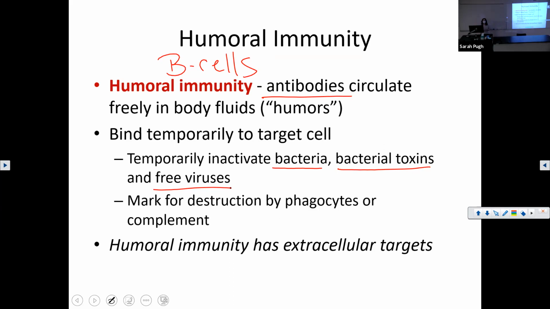And it's destruction by a phagocytic cell or some other immune system cell in the body. And so what we say is that humoral immunity, these antibodies, they have extracellular targets. They are going after free-floating viruses, free-floating bacteria, bacterial toxins, things that don't belong that are floating in your body's humors.